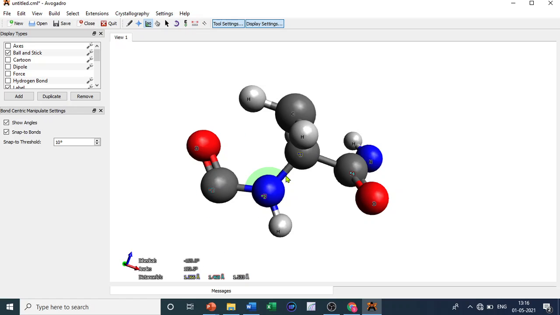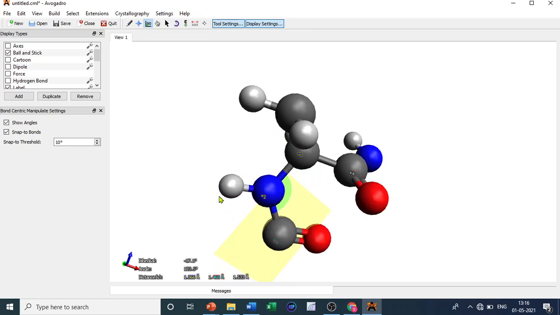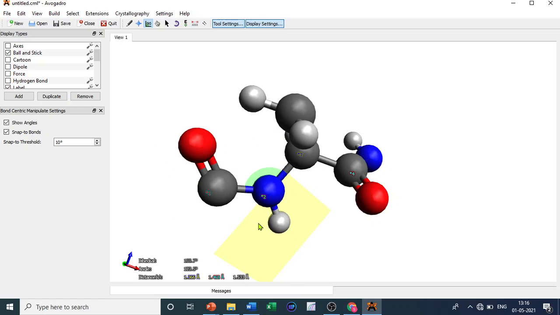So this is the bond we want to rotate for the phi to change. So let's increase it. So we want it to be plus 150. Crossed it. There we are. Okay, that is plus 157.